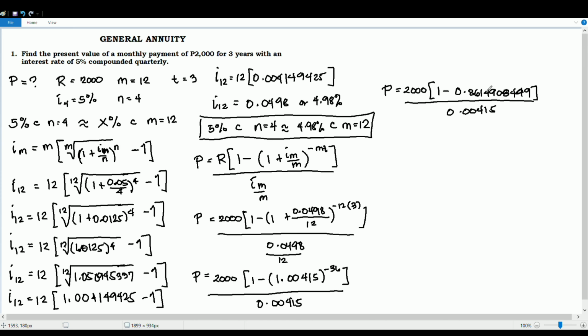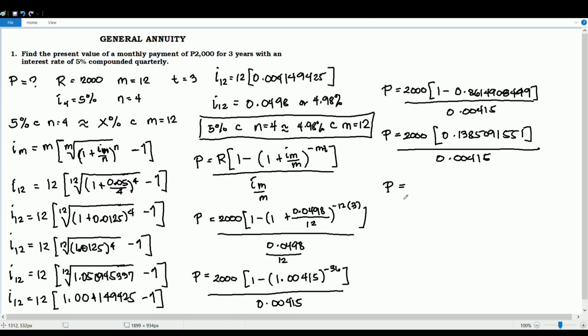Then we have to subtract the number inside the bracket. So we have 2,000 times, subtracting this, 0.1385091551 over 0.00415.